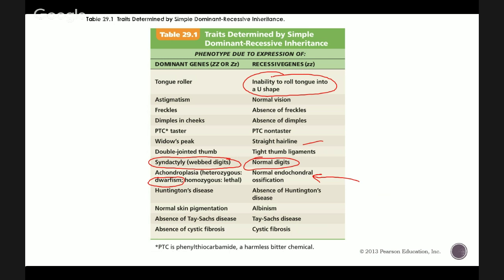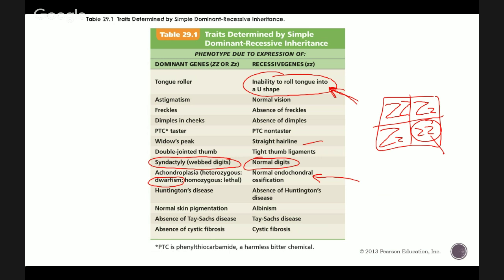Because it's a dominant recessive trait, that means that the parents of these offspring all have the heterozygous pattern. Because the only way you can end up with a non-tongue roller is if one of those 4 boxes is the homozygous recessive.